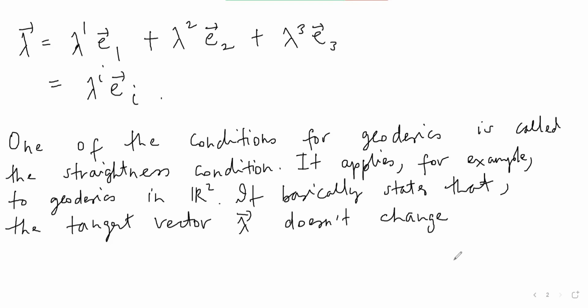The tangent vector lambda doesn't change direction along a geodesic.